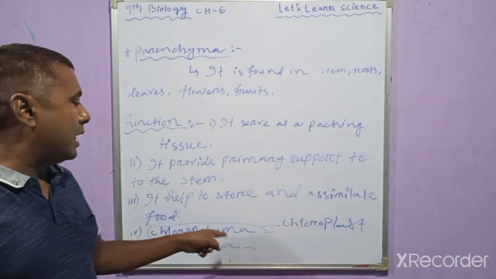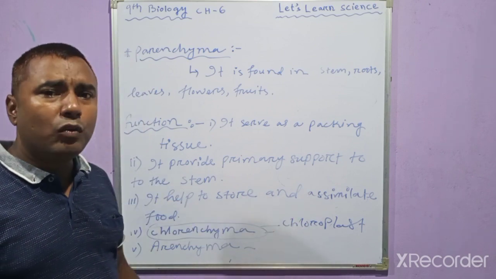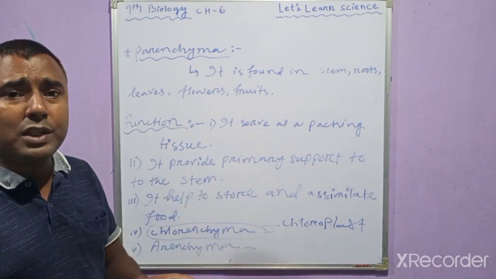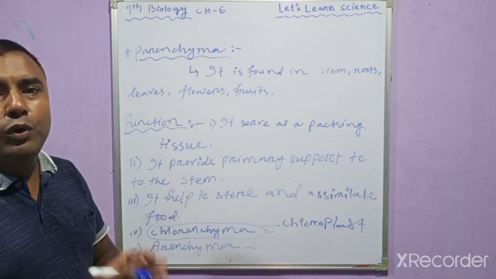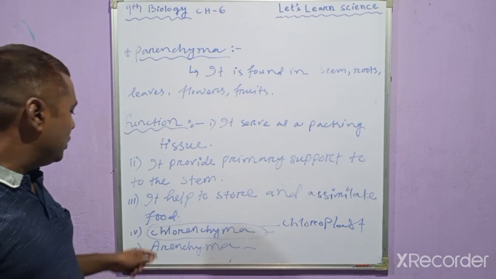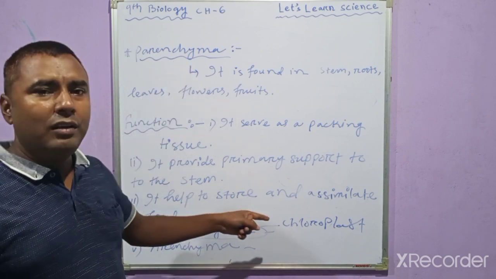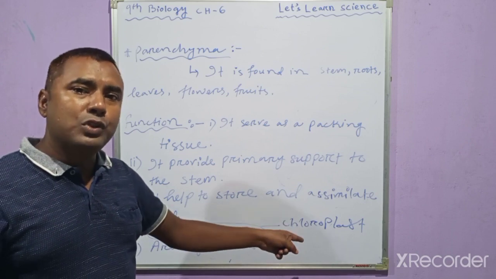As in the chlorenchyma, chloroplast is found. That is, they also possess the chlorophyll pigment, and they have the capacity to carry out photosynthesis. So chlorenchyma is a type of parenchyma that helps in the process of photosynthesis.